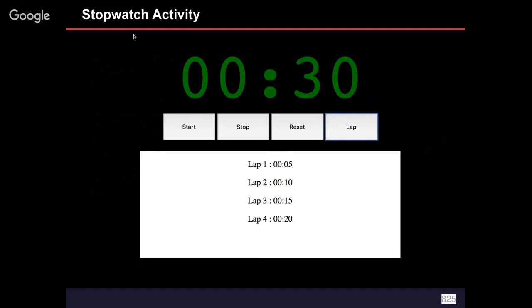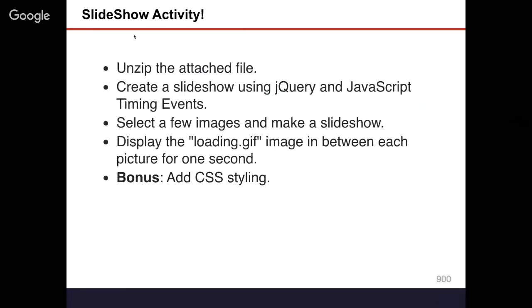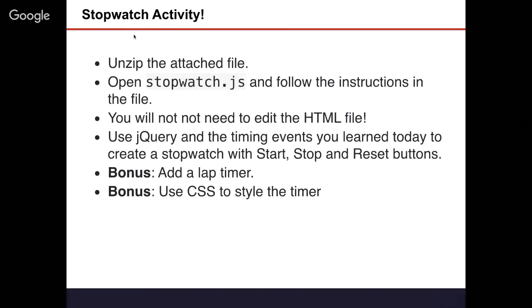Just get it to function. Let's work on that for like 20 minutes, and then I'll go over it together, and then we'll work on another activity. All right, guys. Raise your hand if you have questions.